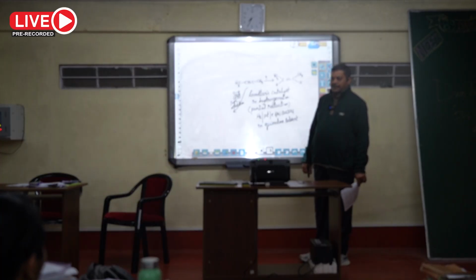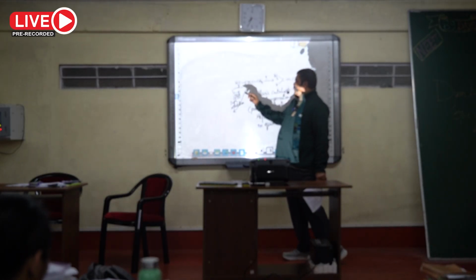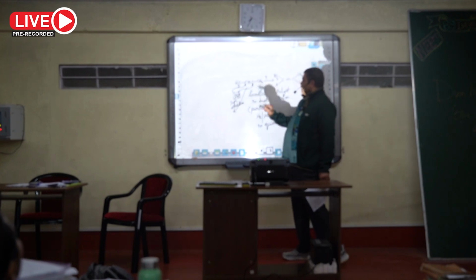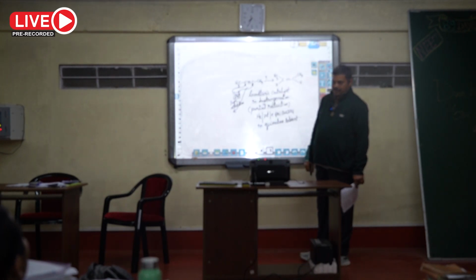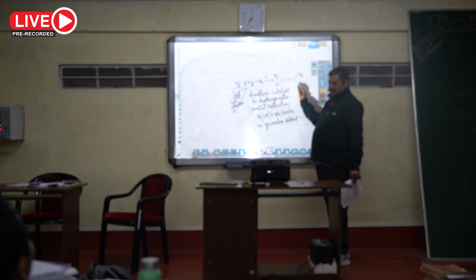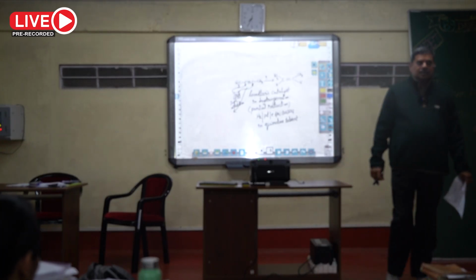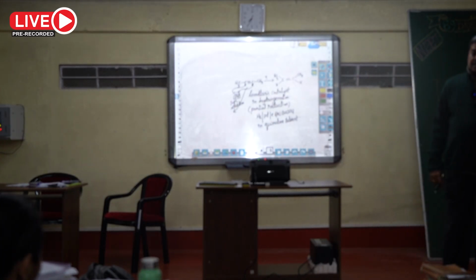On the catalyst surface, H2 gas is adsorbed. This adsorbed H will add here and here in the same direction. That is called syn addition. That gives a cis alkene. So hydrogenation using Lindlar's catalyst is a syn addition.